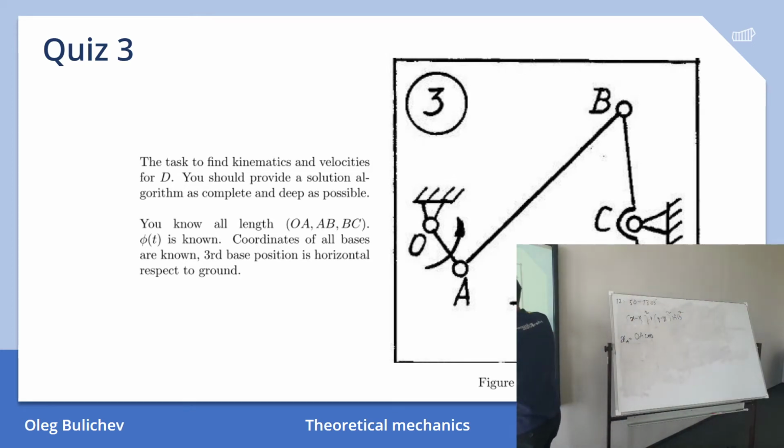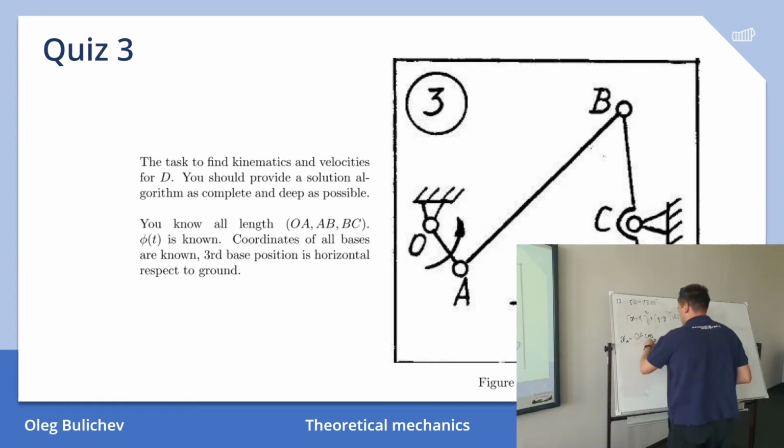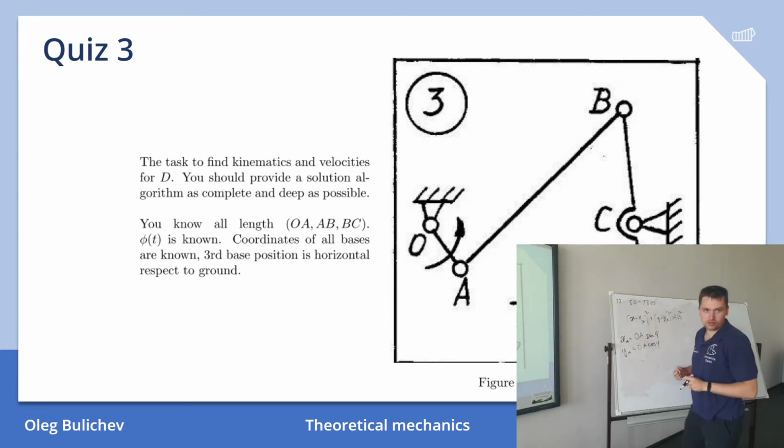Y is sine, X is cosine, and we just put it there.